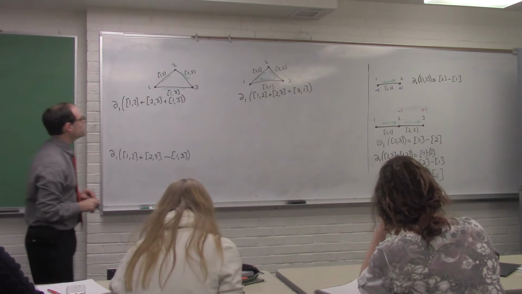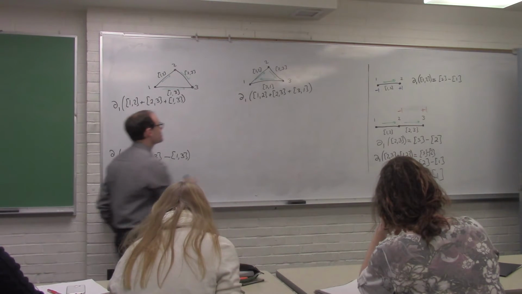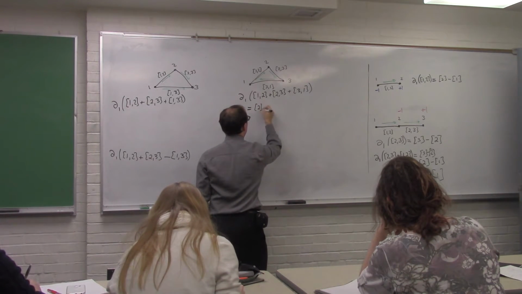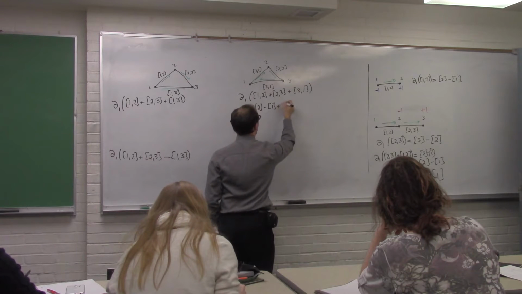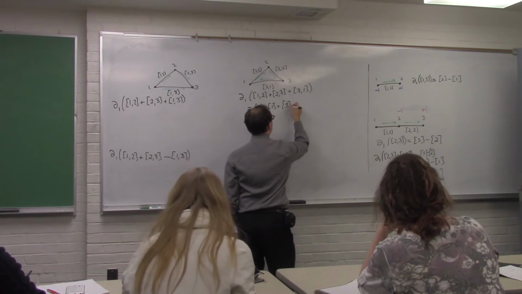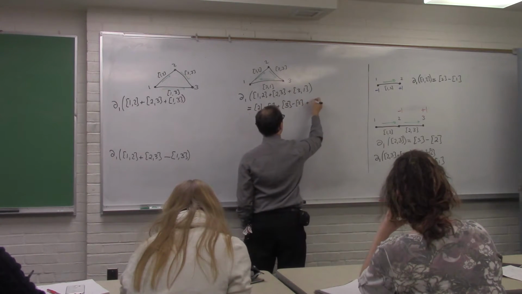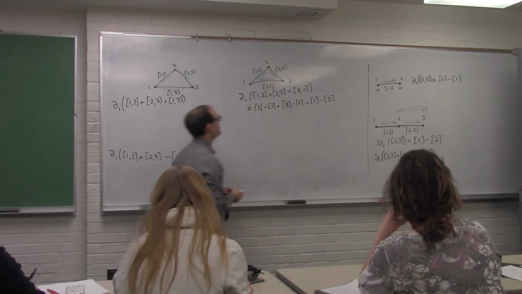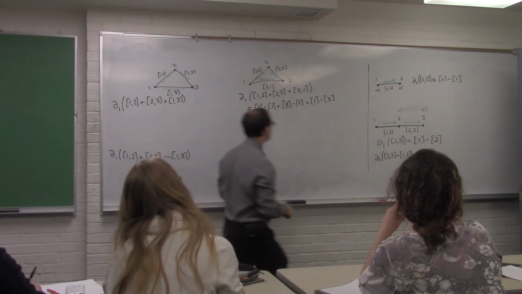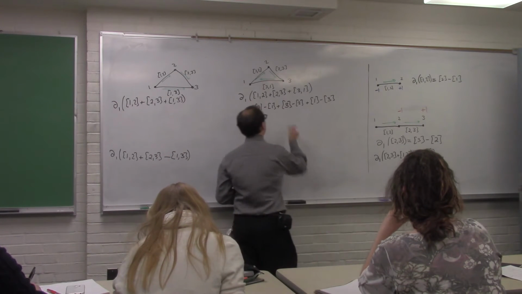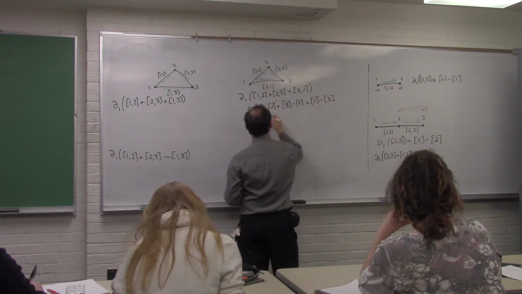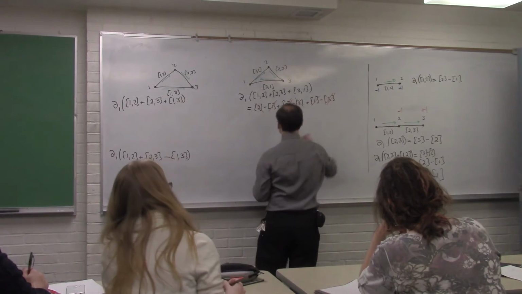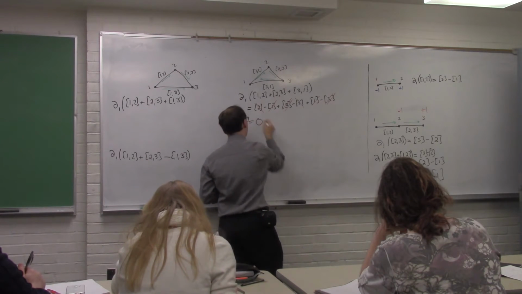Okay, so now let's actually compute this. This first one here is 2 minus 1 plus 3 minus 2 plus 1 minus 3. Of course, if I've done my arithmetic right, everything cancels. Let's check. 1 cancels with 1, 2 cancels with 2, and 3 cancels with 3. Yup, it's 0.